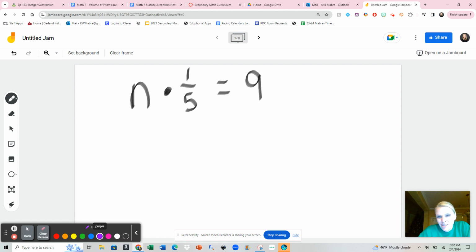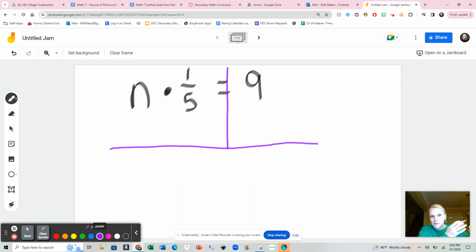Okay, so what I like to do is draw this line right here to separate it out. That way my variable and my operation, add, subtract, multiply, or divide, and my constant are all going to be on the one side. And then you have your equal sign and you have your number. Okay.